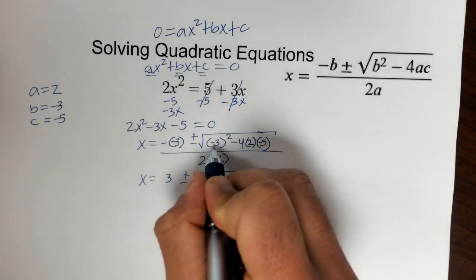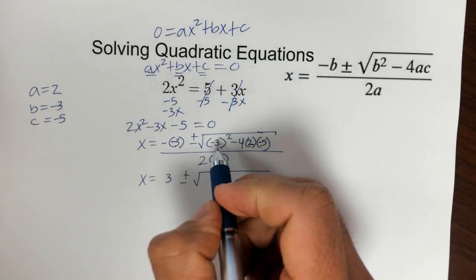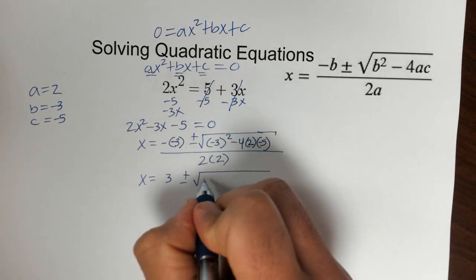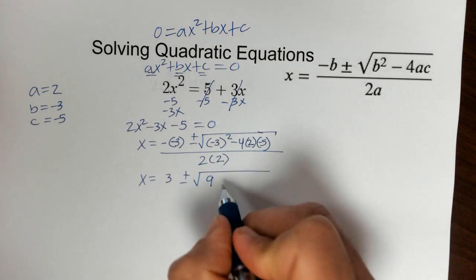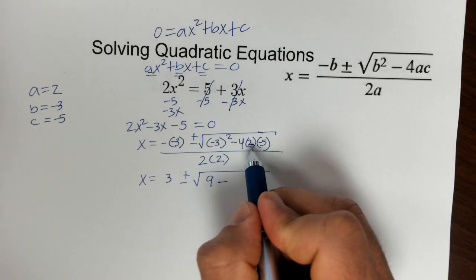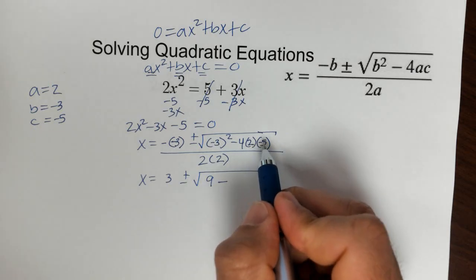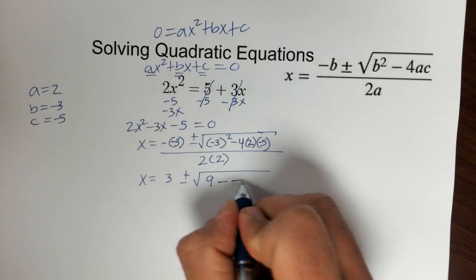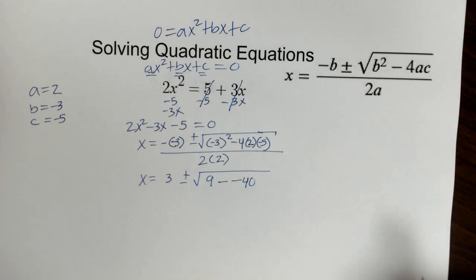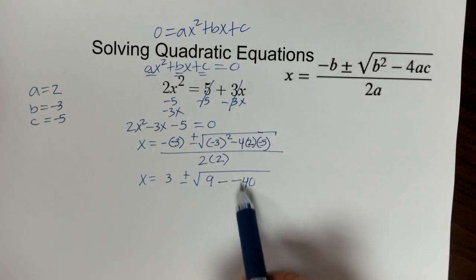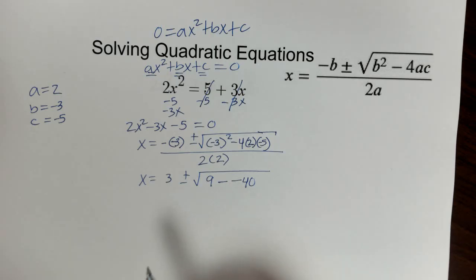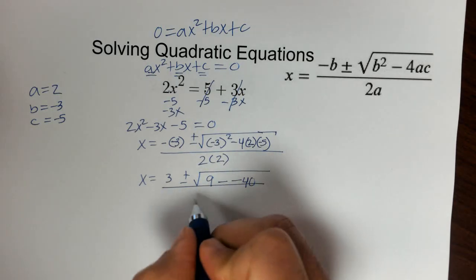And then when I square, negative 3 times negative 3 turns into positive 9, minus 4 times 2 is 8. 8 times negative 5 is negative 40. I'm subtracting a negative, which will affect this in a little bit, divided by 2 times 2, which is 4.